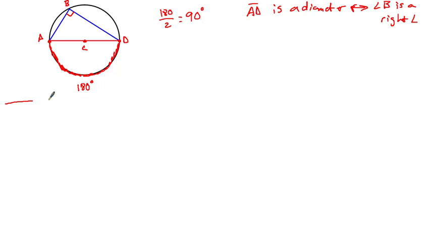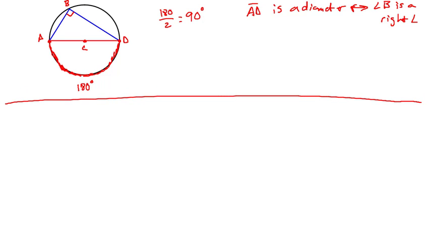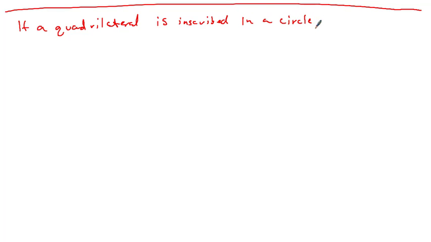All right, last rule. If a quadrilateral is inscribed in a circle, then its opposite angles are supplementary.